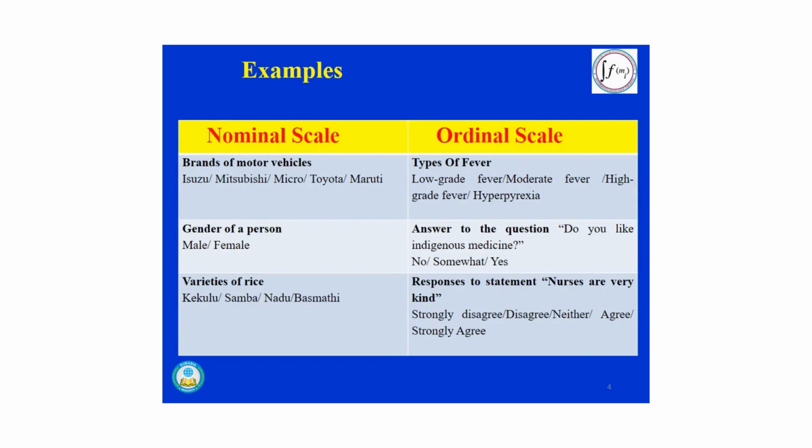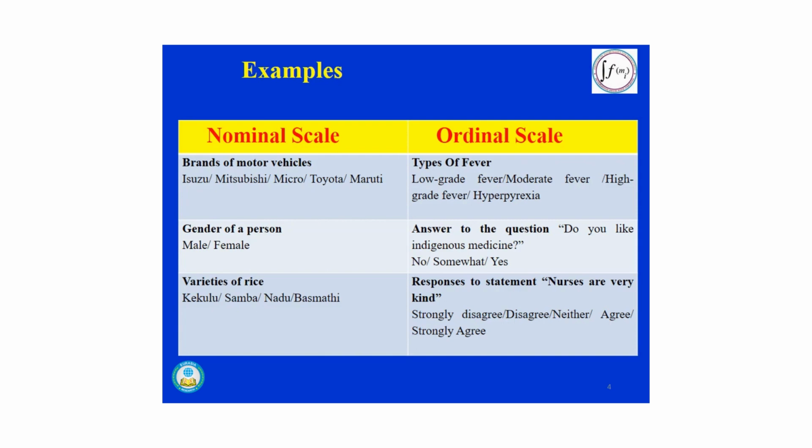If we think about the brands of motor vehicles, we can think about many groups: Isuzu, Mitsubishi, Micro, Toyota. They all are groups or categories, but we can't compare them in any way. Male and female, so they are groups, non-comparable.